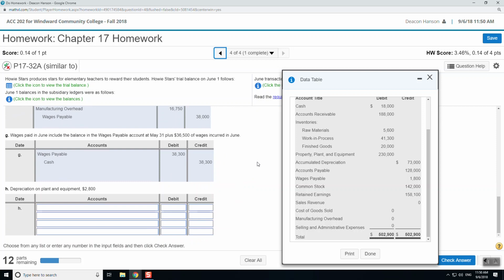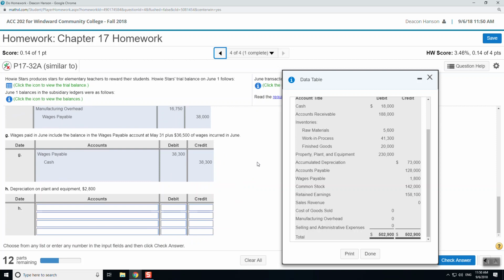Now, depreciation on the plant and equipment. Here's an example of an overhead cost, because depreciation is indirect. If you split hairs and spend a lot of money, you could make depreciation a direct cost, and that's part of what that ABC costing chapter is about, getting even more refined.